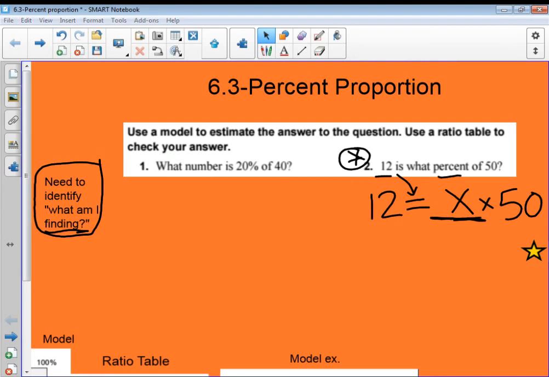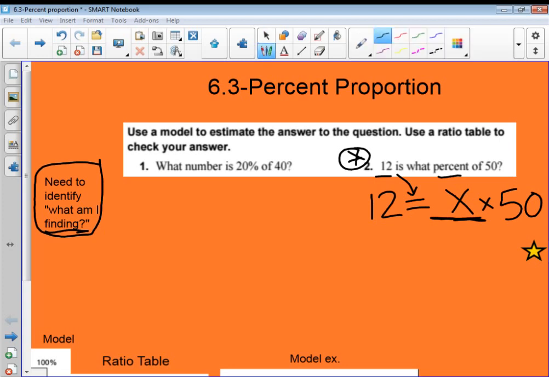So I would take 12 divided by 50, right? Because I am moving my X. So 12 divided by 50, and that will give me a decimal, 0.24.